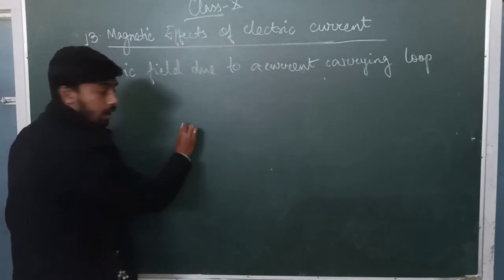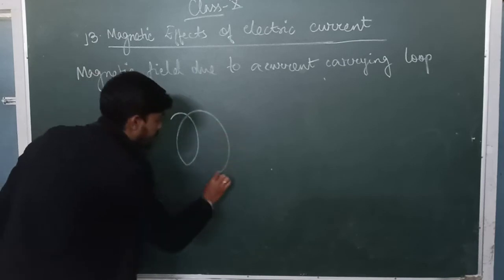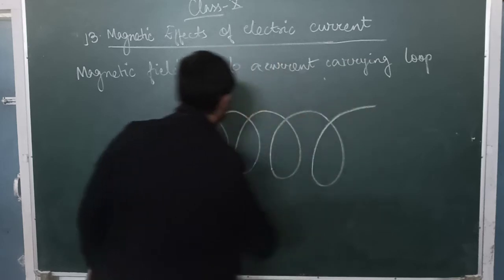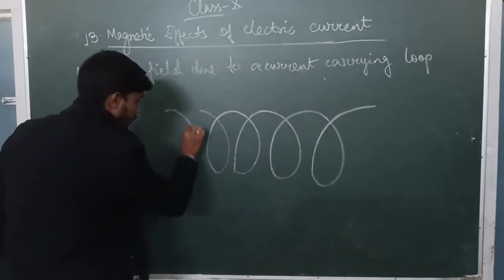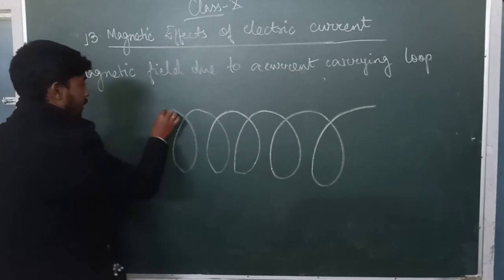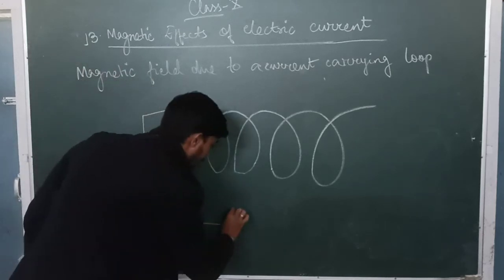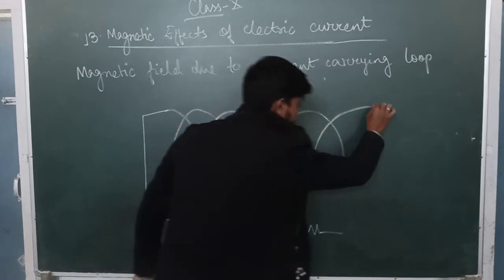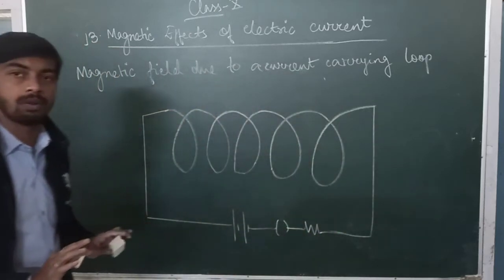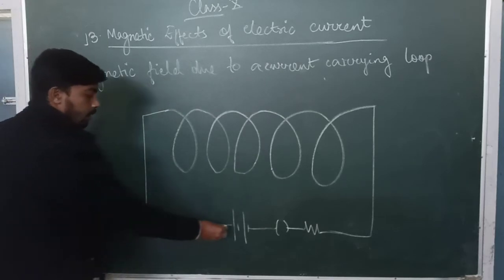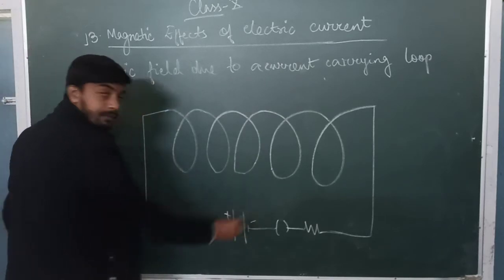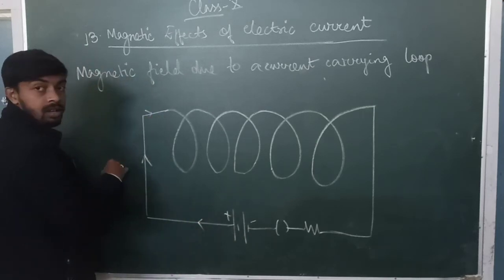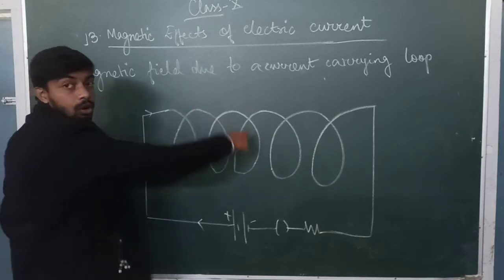So if I have a coil with so many circular turns, and the coil is connected to a power source, a key, some resistance, and finally this, for example, this is our circuit. What will happen? This is the positive, this is the negative of the battery. So current will flow like this towards here and here. Then the current will flow through the coil.